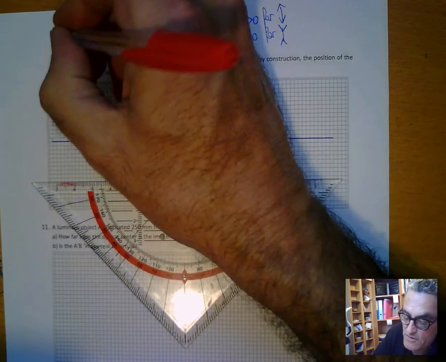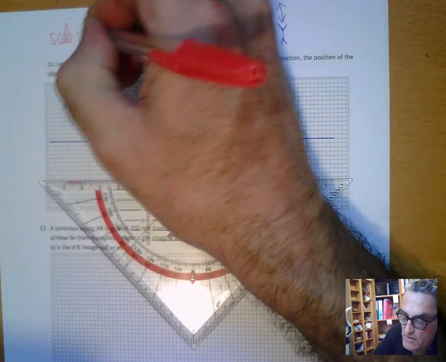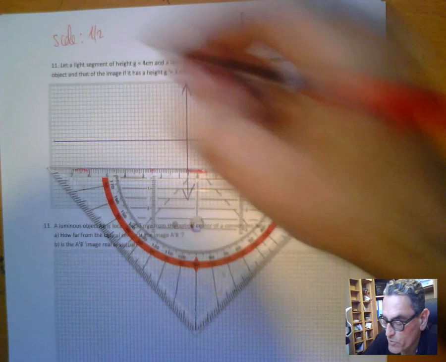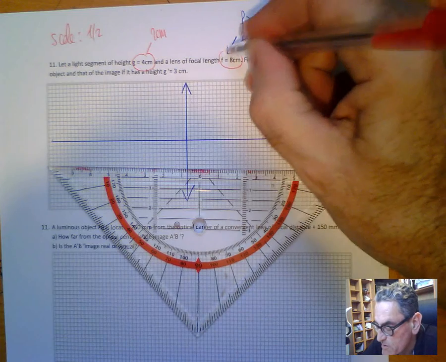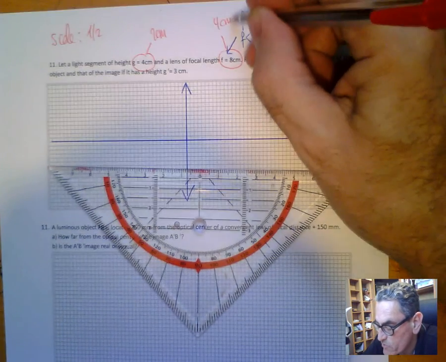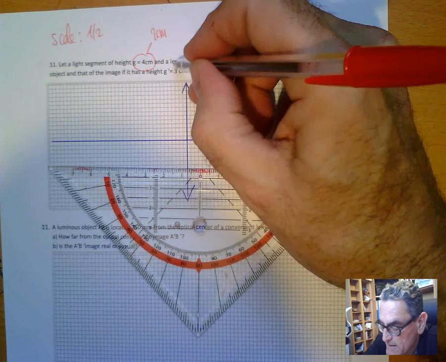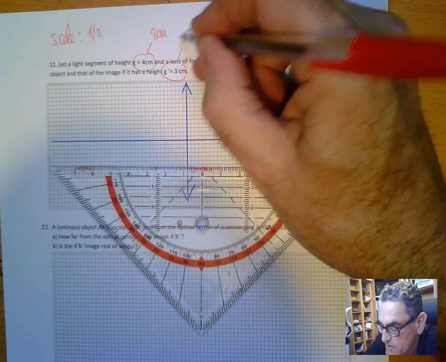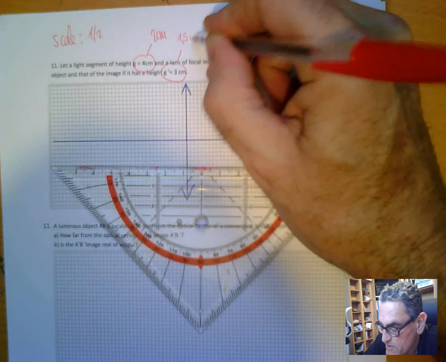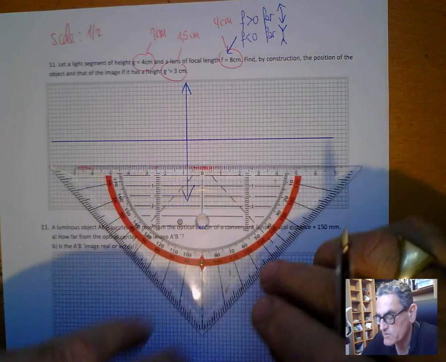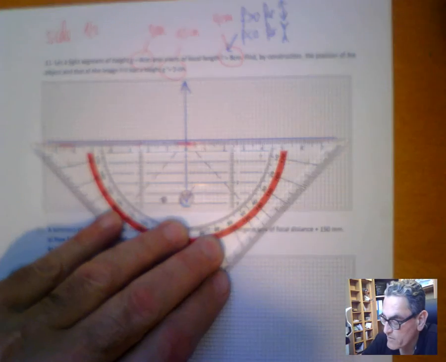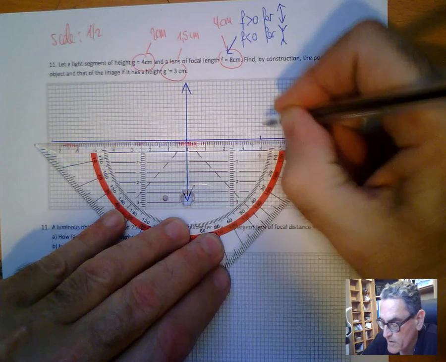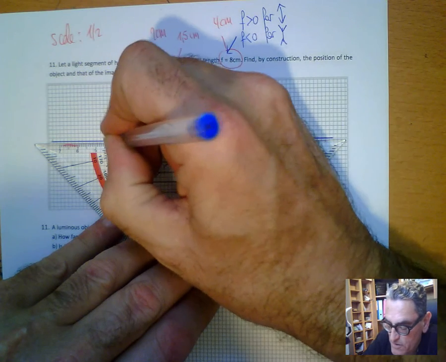So let's use here a scale of 1/2, which means that this now becomes 2 centimeters, this now becomes 4 centimeters, and the image height is 1.5 centimeters. So now we can nicely arrange that. We have our focal points at 4 centimeters here and here.